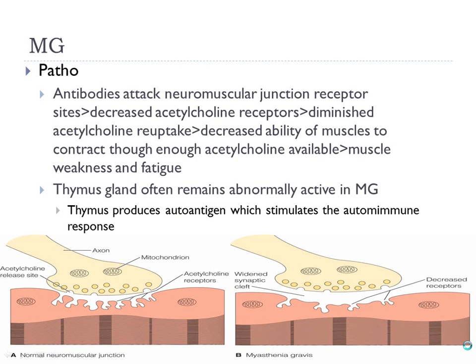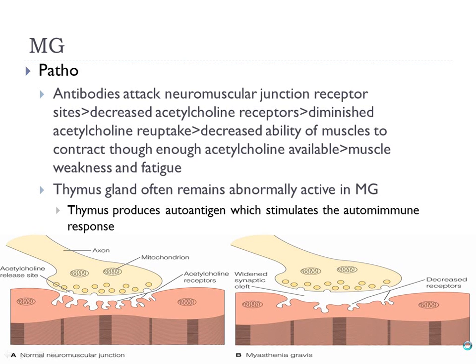So what's happening here is that the autoantibodies have affected this neuromuscular junction. This is the muscle, and this is the nerve. We need acetylcholine and acetylcholine receptors to stimulate muscle contraction and muscle function. But here, the autoantibodies have attacked the acetylcholine receptors.